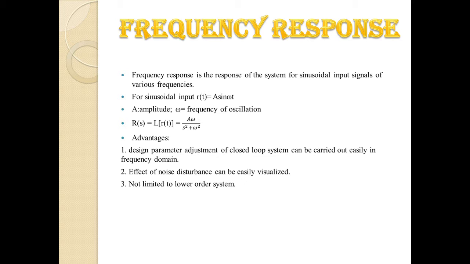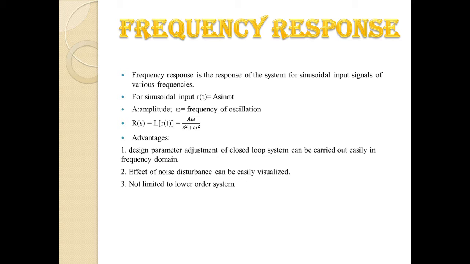So, the frequency response has some advantages over the time response. In frequency response, the design parameter adjustment of the closed loop system for specified closed loop performance can be carried out easily in the frequency domain rather than in the time domain. Whereas in the time domain, the effect of noise disturbance cannot be easily visualized, which is very clearly visualized in the frequency response.